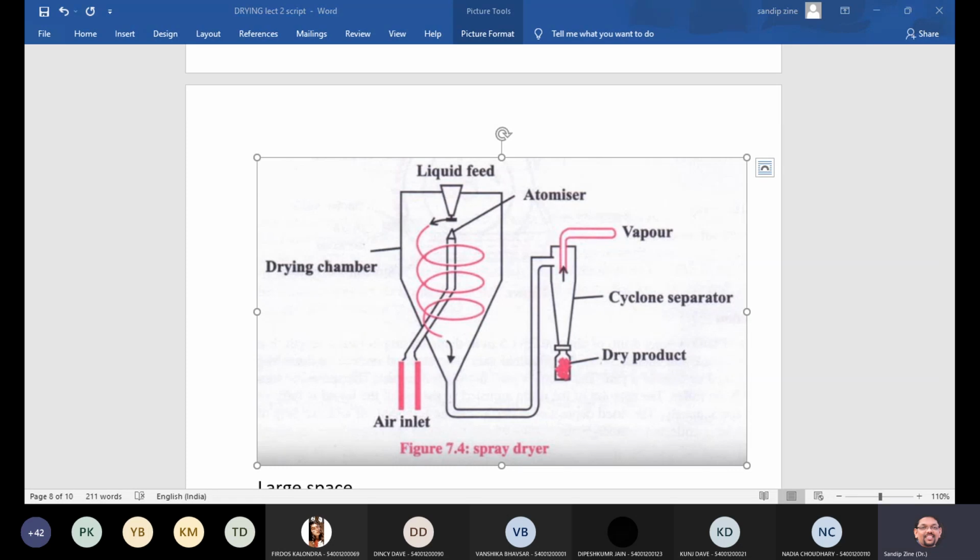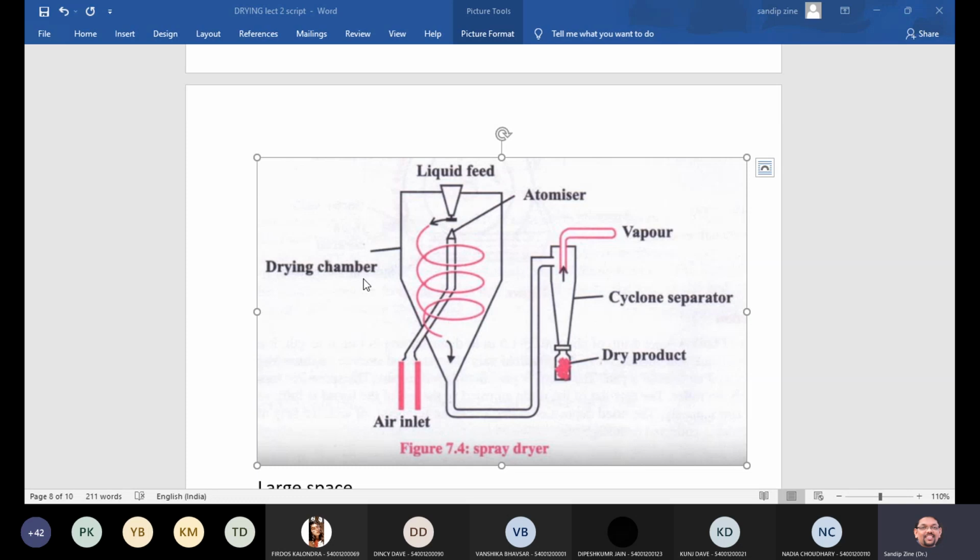Clear, Kunj, now? Yes, sir. Also refer to the Subramaniam book, a lot of description is given there, so if you still have any doubt, go through that as well. I can also go through those particular points and try to explain the exact role of this cyclone separator.